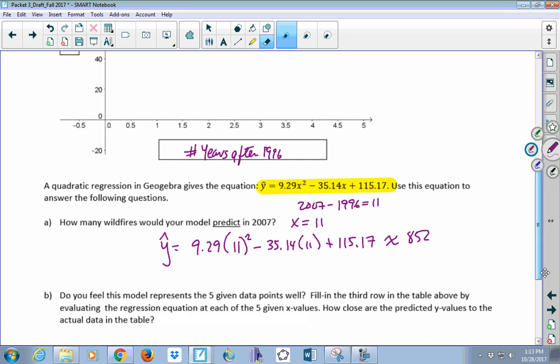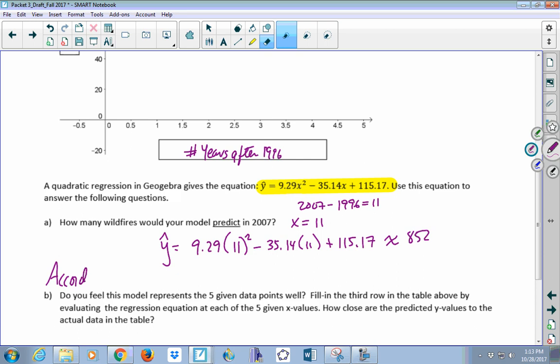So you would write a sentence something like, always remembering you could use the word predict, or you could say according to the model, which would then tell your reader that you are using a model and this is a prediction.